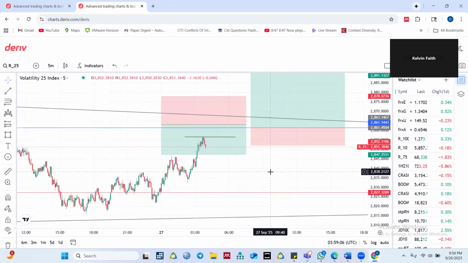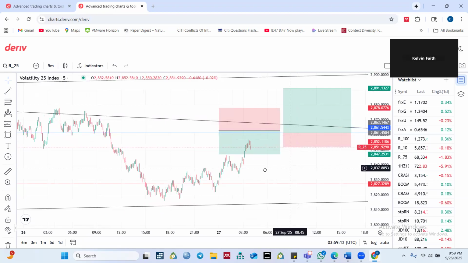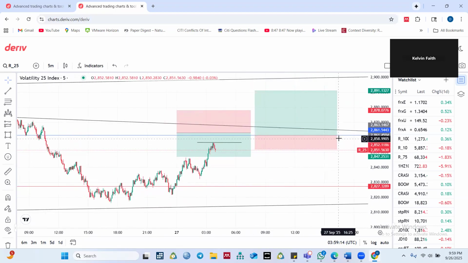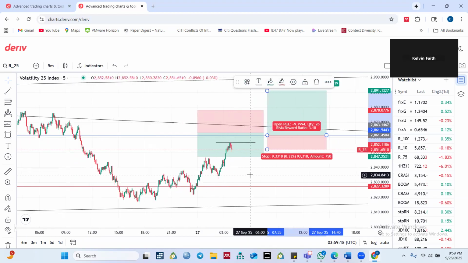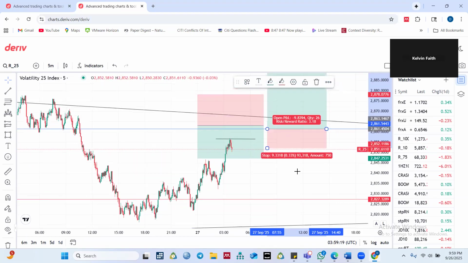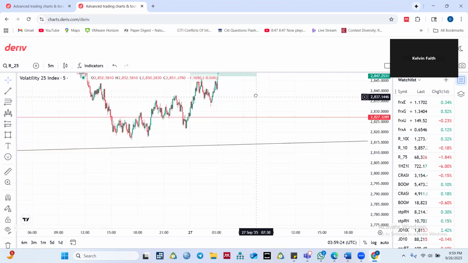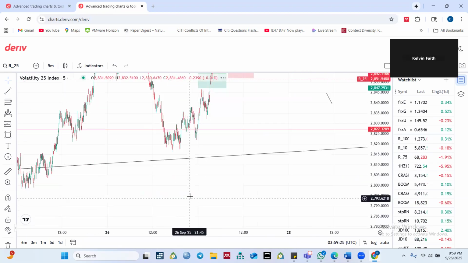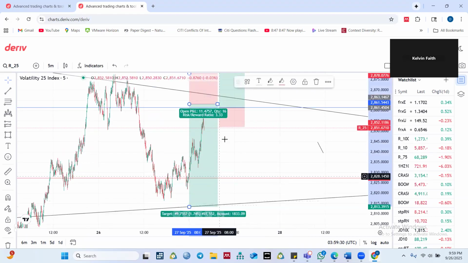Okay, so I think I should be good for now. We have a buy logic and a sell logic, both framed on this V25 index. If we are selling to the trend line, TP1 is just to the trend line here.